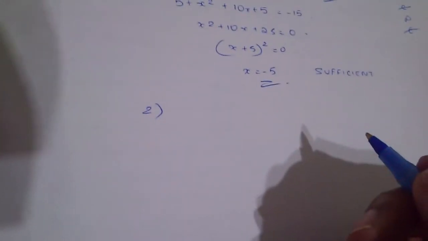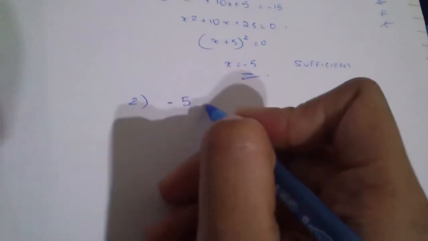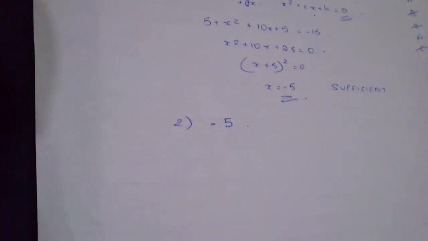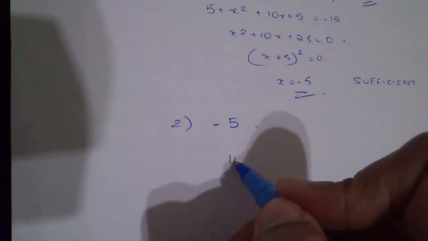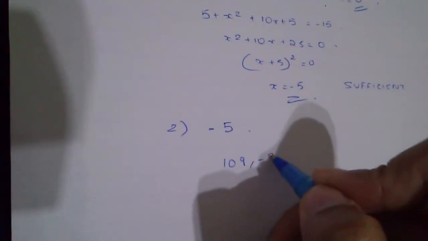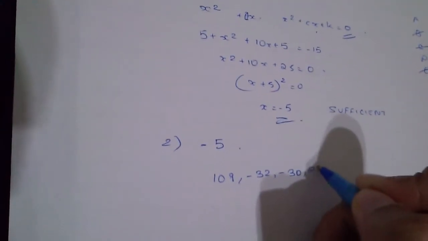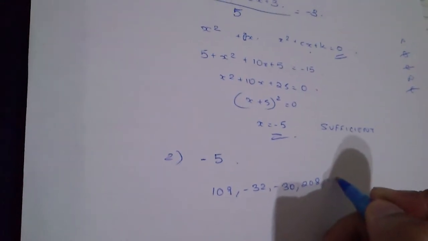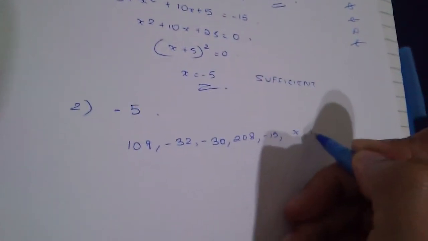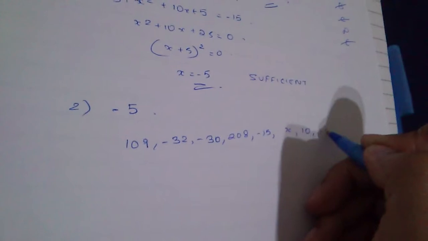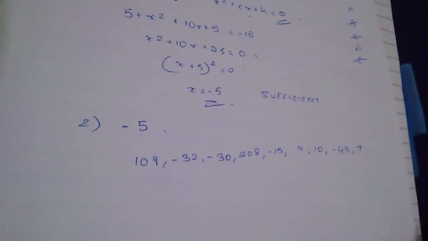Now let's evaluate the second option. Second option says that the median of a certain number of elements is minus 5. Median is the middle value. Now, what are those elements? Those elements are 109, minus 32, minus 30, 208, minus 15, x, 10, minus 43 and 7.